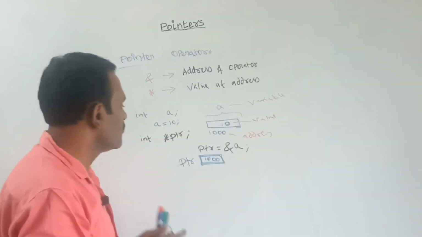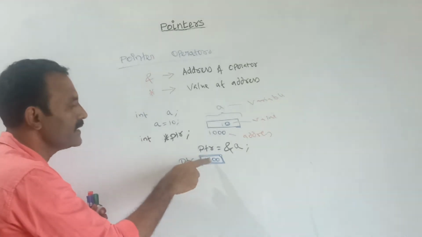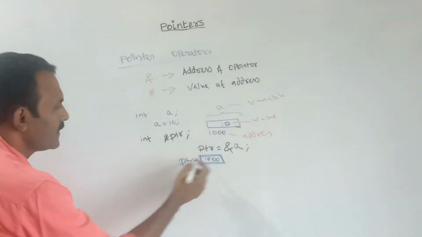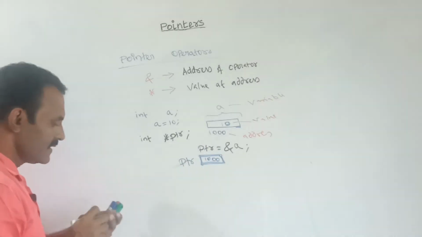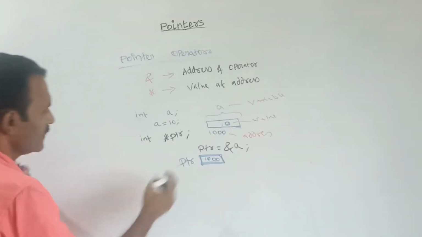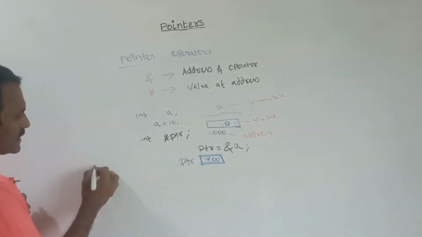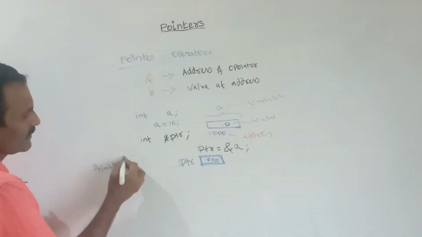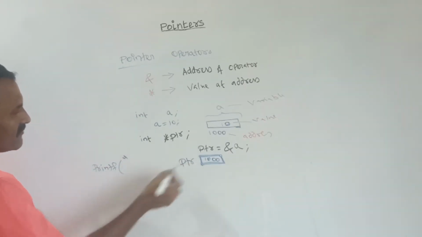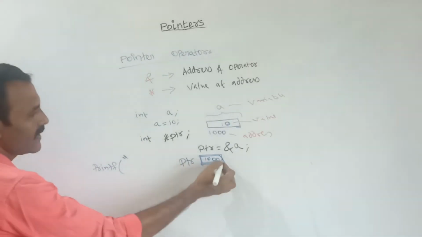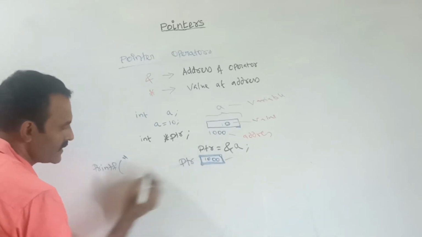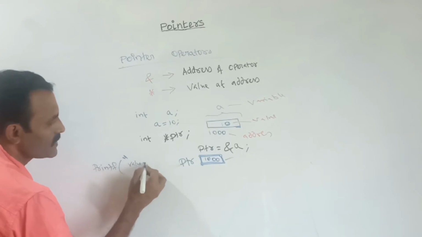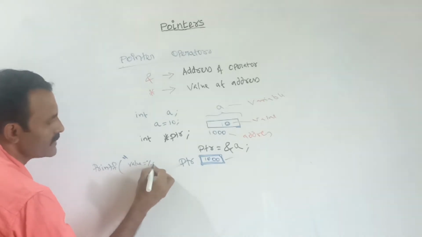For example, suppose I want to print the value inside this address. For printing, we can use the printf function. Here printf, value is equal to %d.